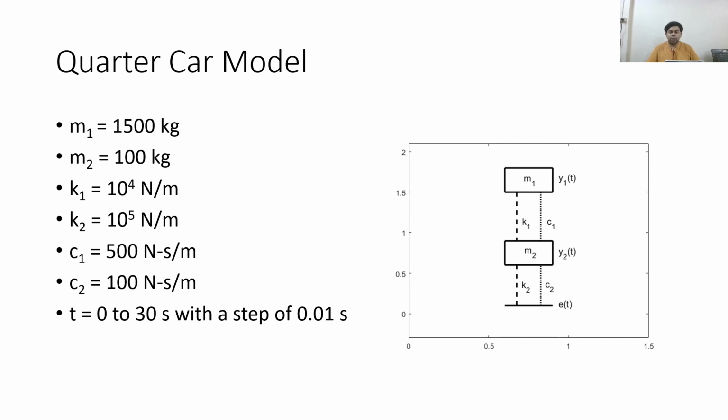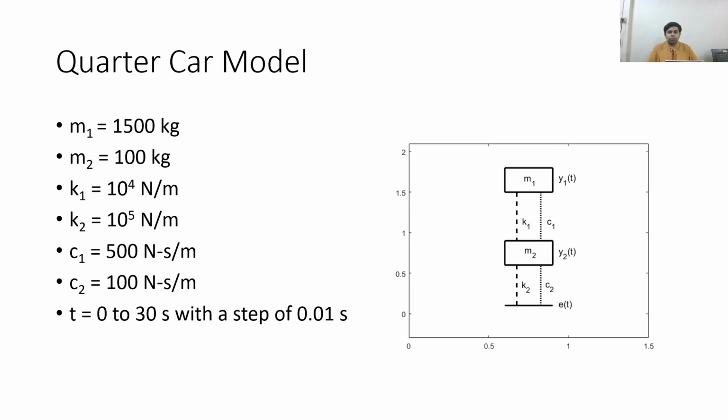Here we assume that our whole car body, along with passengers, is modeled as the mass m1, and the suspension is modeled as a spring with stiffness k1 and damping coefficient c1. The tires together are modeled as a single mass m2.